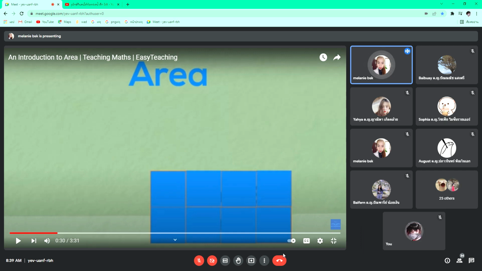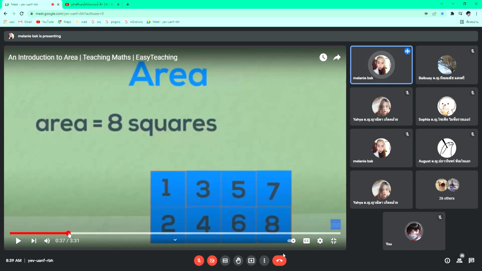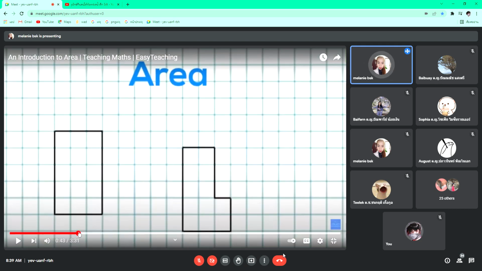Next we're going to have another one, but we're just going to make it fast. So the area is equal to 8 squares. Very easy. How about this one? If we're going to make it easy, we can use a graph in drawing. So this one is already, you can count in here.